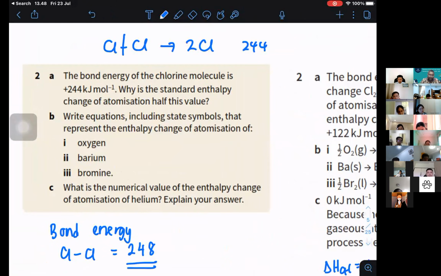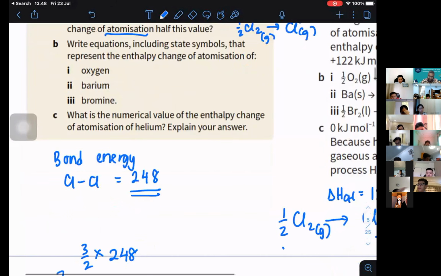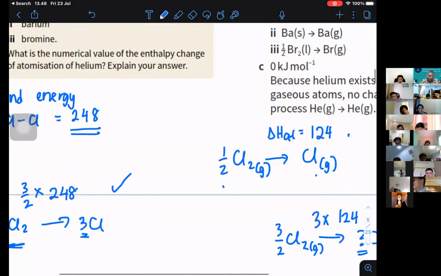If you want the enthalpy change of atomization, it is half Cl2 to give you Cl, gas and gas. You want only 1, so 244 is for 2, so 244 divided by 2. That's the reason.